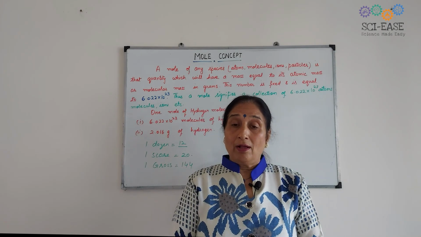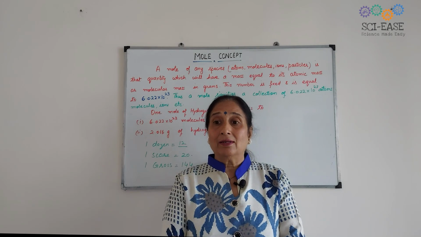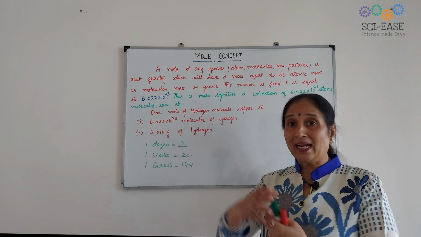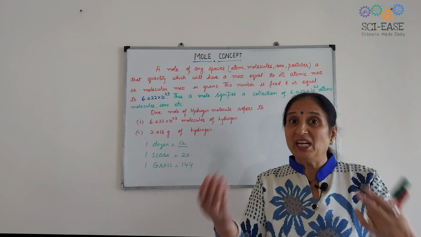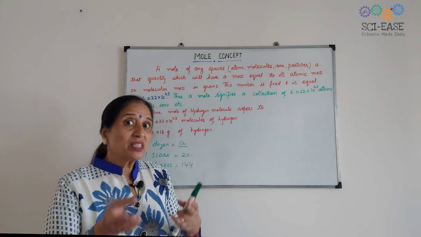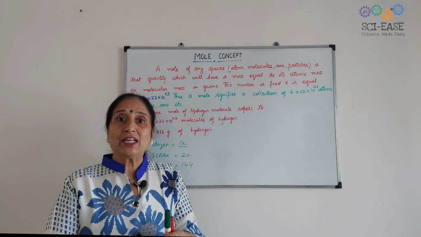So, can we say that we can buy 12 atoms, or we can measure 12 atoms? No. Atoms are very small. In the same way, molecules are also very small.